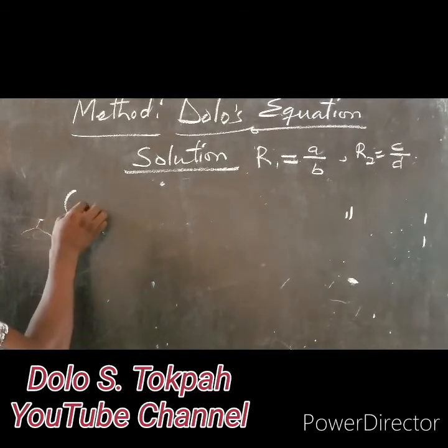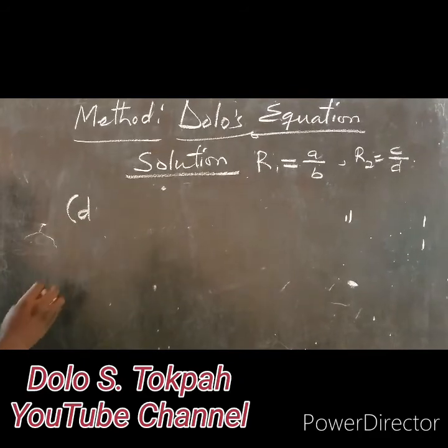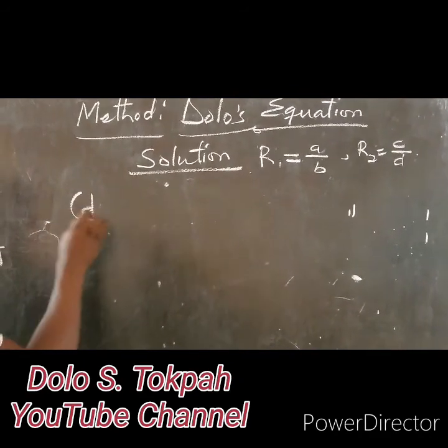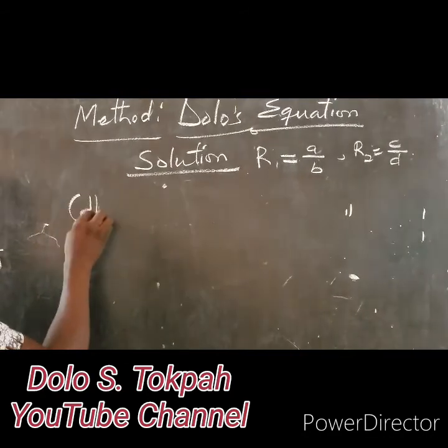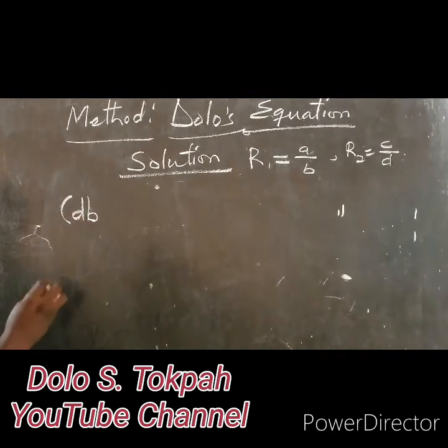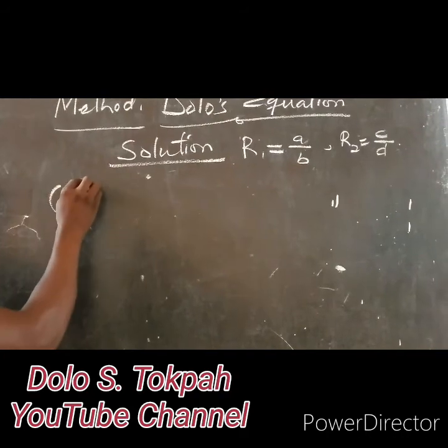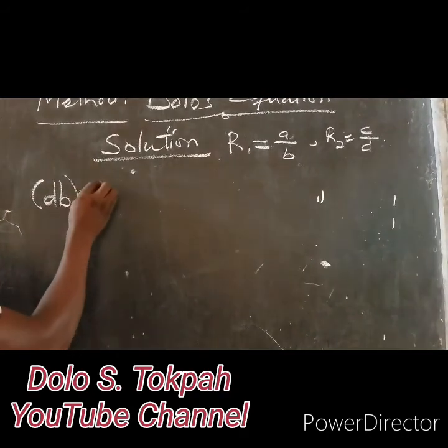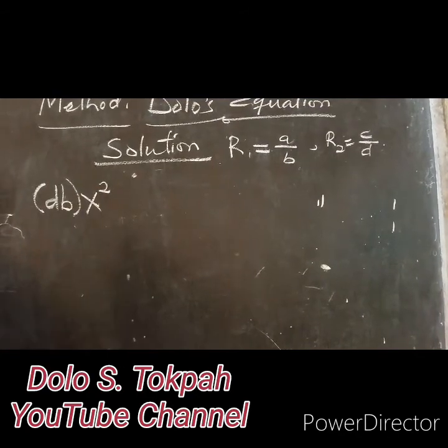That means the denominator of the second root times the denominator of the first root, that means DB, equals, against the square of x.